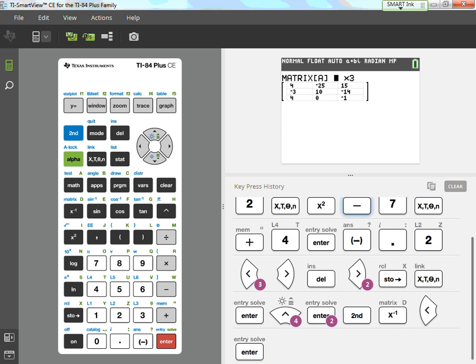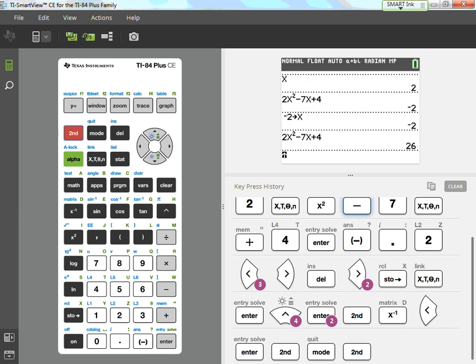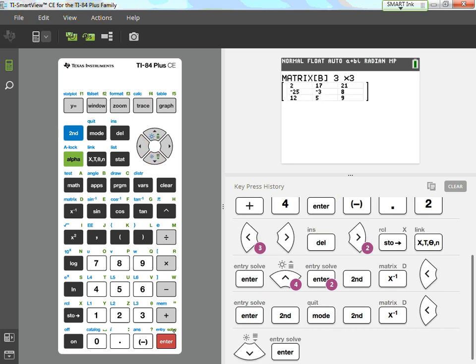And I've defined that to be A. -25, -3, 8. Oh, 5, 9. So this is A and B, and I just had them plugged in. I've had these plugged in earlier, so you don't have to type them in if you don't want to. So these are our matrices, and you guys know at this point you've done plugging matrices in, yes?